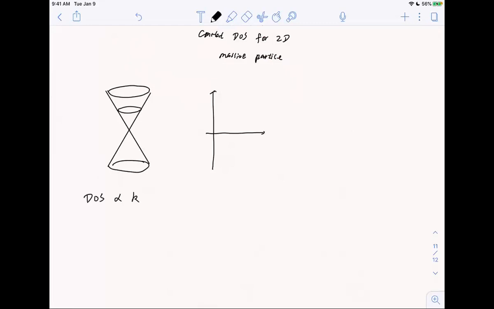And the size of this ring is just k, the radius, times 2 pi. Okay? And what is k? Energy equals h bar vF k, right? Okay? So that means the density of state is proportional to E, linear. Okay? So you will have the density of state, which is like this.